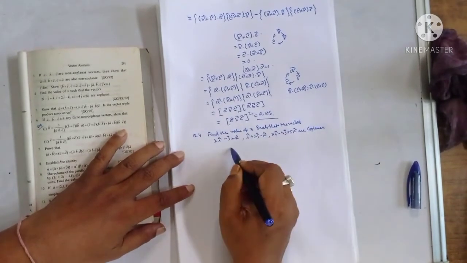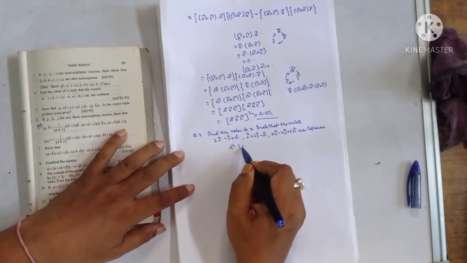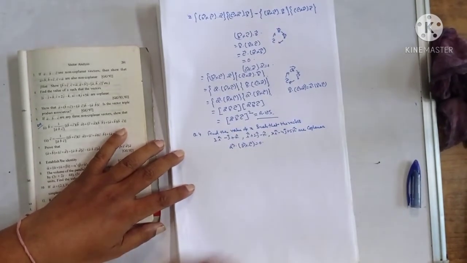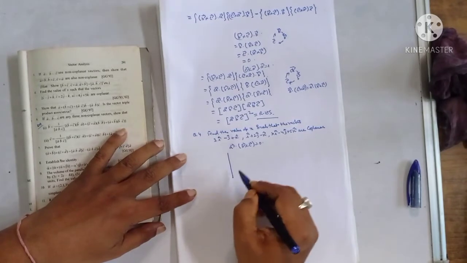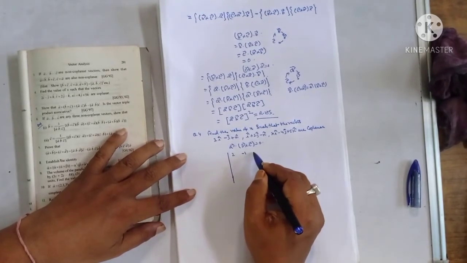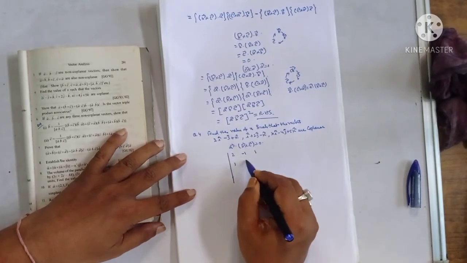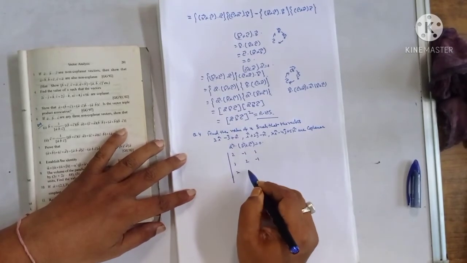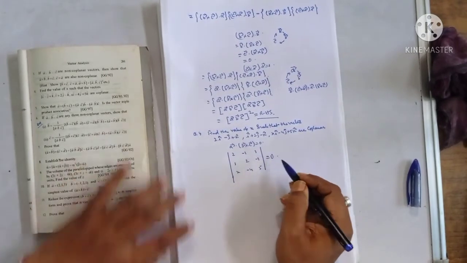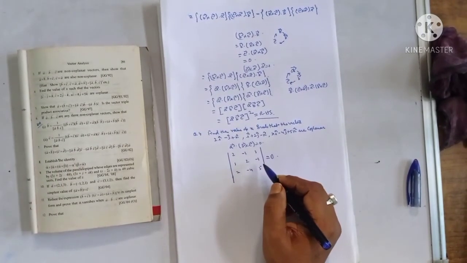So again the same condition, A vector dot B vector cross C vector is 0. So here the determinant 2 minus 1 1, 1 2 minus 1, x minus 4 5, this is equal to 0.